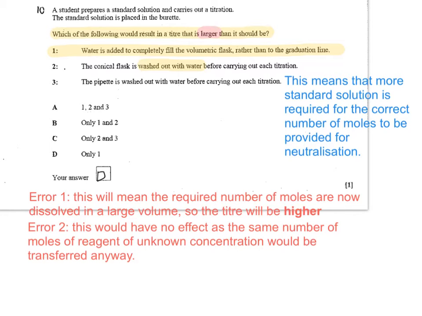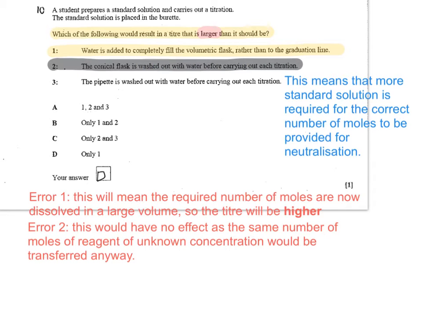So if you wash the conical flask out with water, it doesn't matter, because after that you will then transfer your 25 centimeters cubed of your solution of unknown concentration into it. So the extra water sloshing around will have no effect on the number of moles. So that means that one is not one of our options.